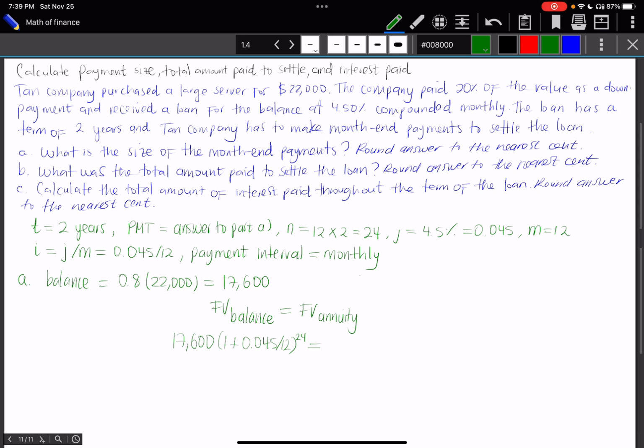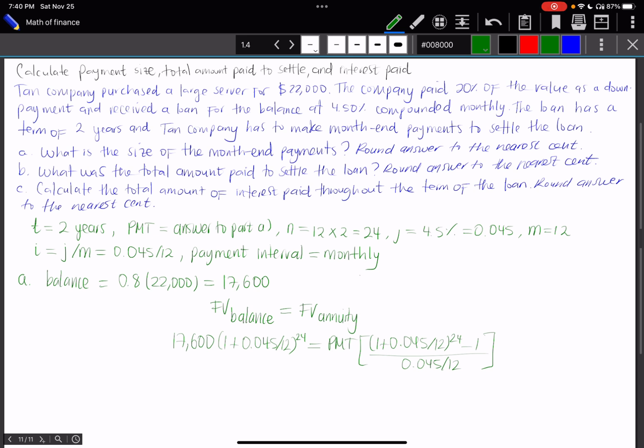For an annuity that is ordinary and simple, this future value is PMT multiplied by 1 plus I, so 0.045 over 12, to the n, in this case 24, minus 1, over I. So we should have this equation.